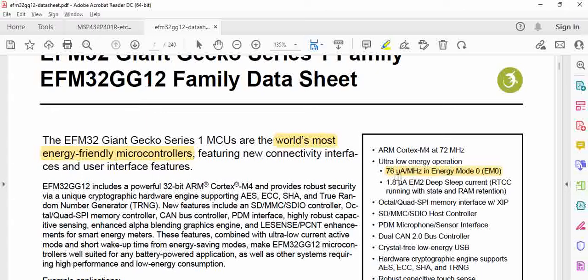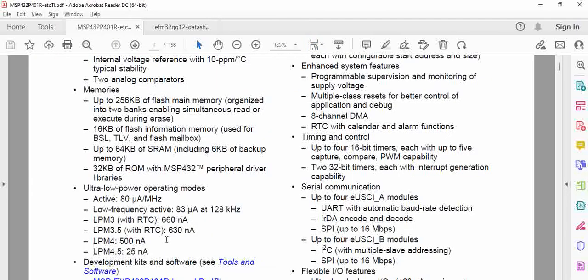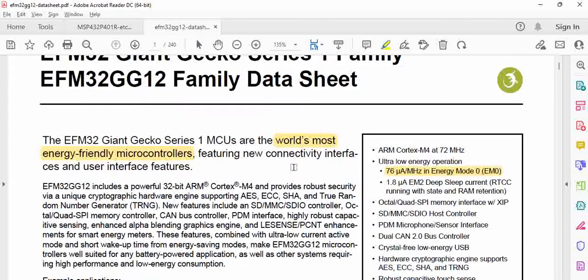Actually, let's open the MSP432 datasheet. The MSP432 from Texas Instruments is 80 microamps per megahertz in the active state, whereas here it is 76 microamps, which is claimed as ultra low power consumption.